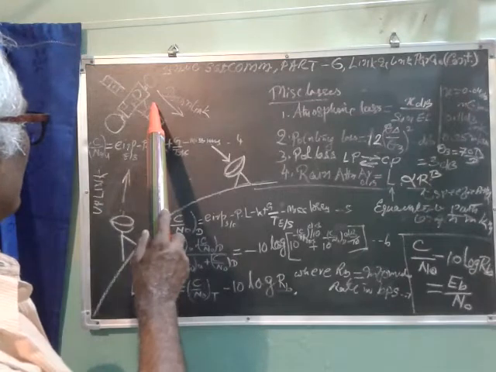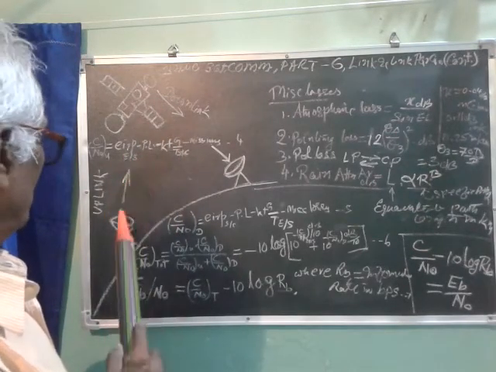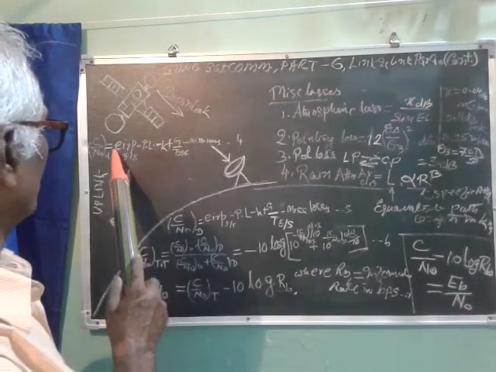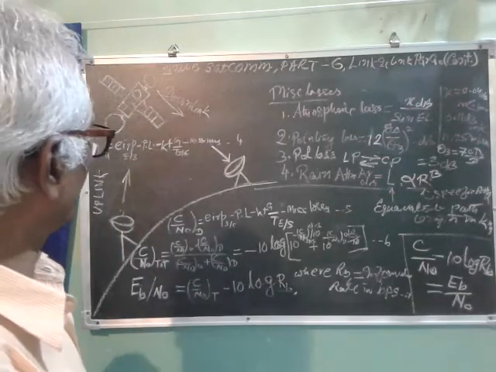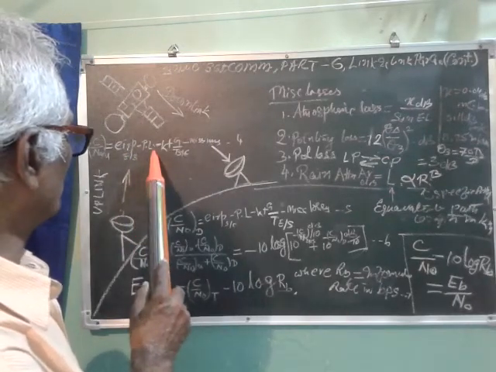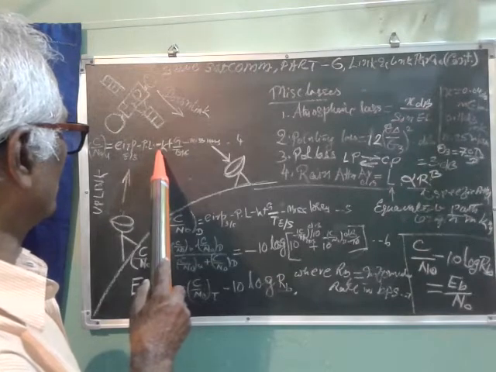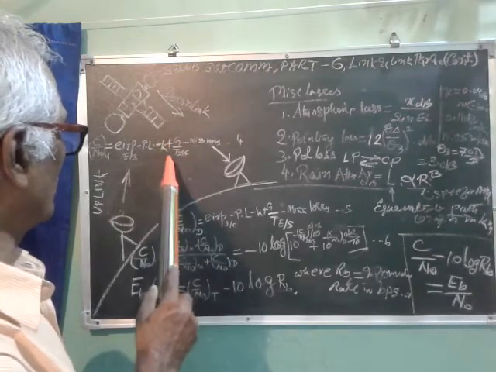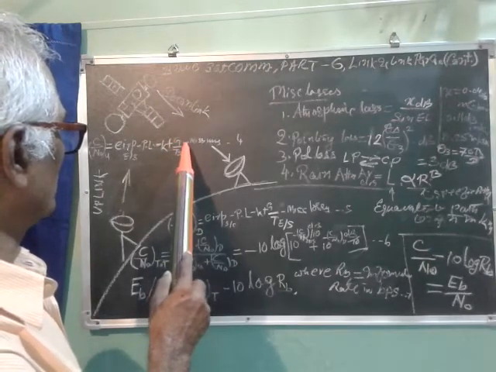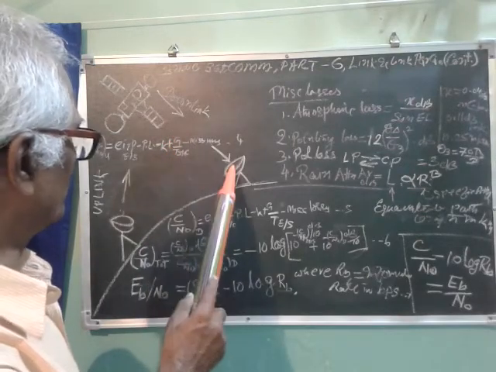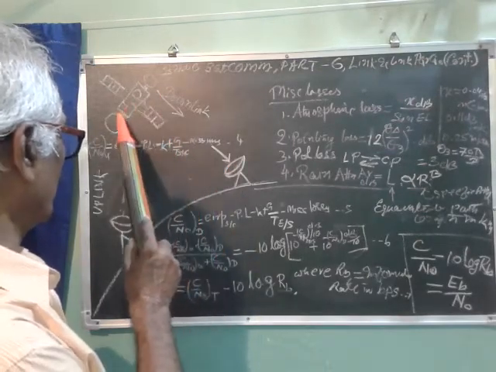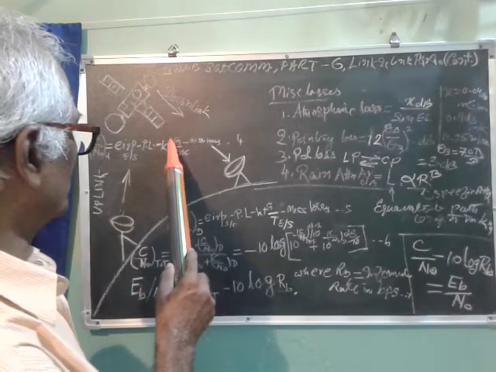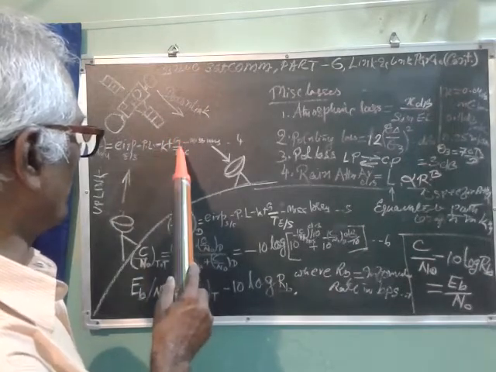C by N uplink is transmit power plus transmit gain, which is the equivalent isotropic radiated power, minus the path loss, minus the Boltzmann constant, plus G by T, derived from the receive antenna of the satellite. G by T is called the figure of merit of the earth or spacecraft terminal.